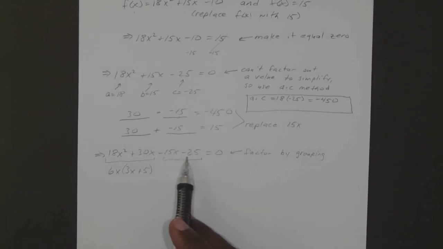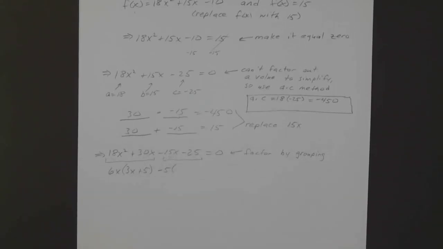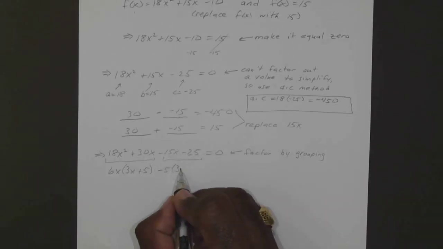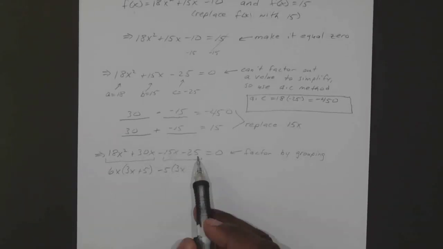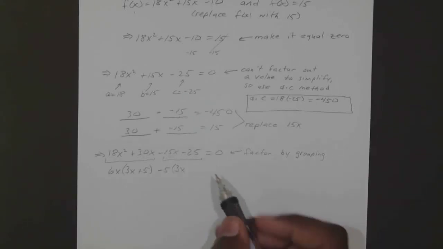For these two, you can factor out a negative 5. Negative 5 times 3x would give us our 15x, and negative 5 times positive 5 gives us our negative 25.